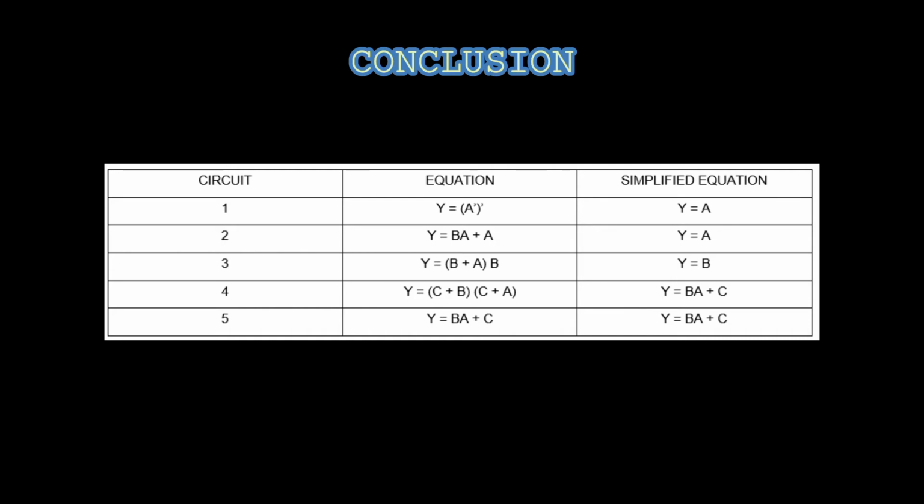If C is 1, therefore 1 plus 0 is equal to 1. Therefore, the output would be 1. The fifth circuit can be written as B multiplied by A quantity plus C. Therefore, we can observe that it has the same equation as circuit number 4.